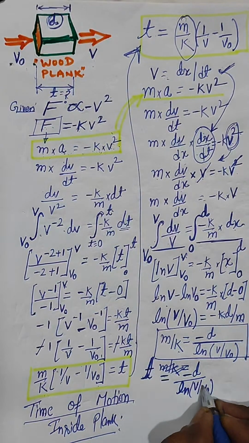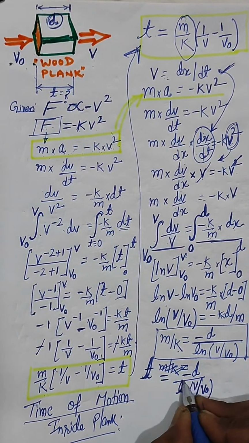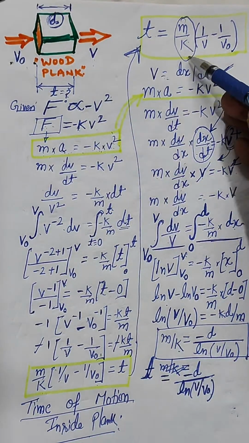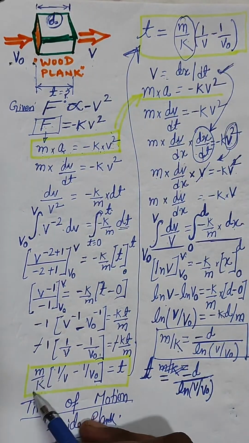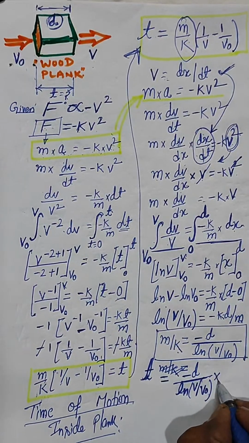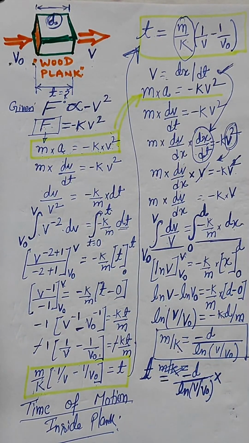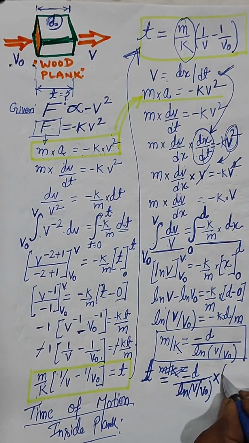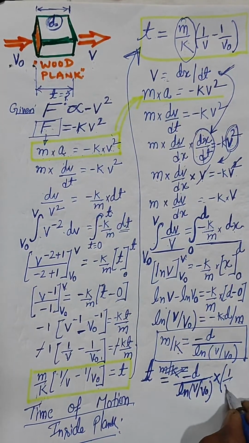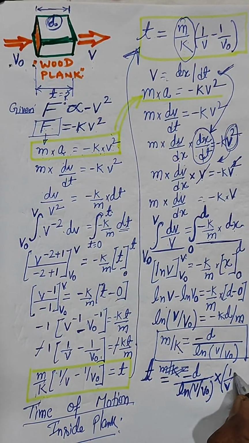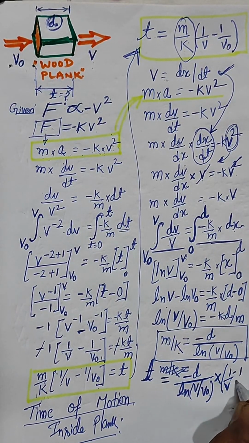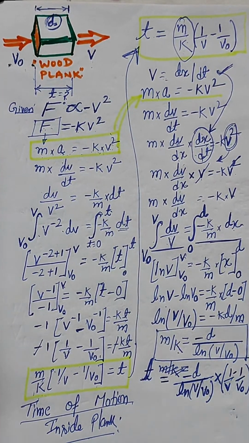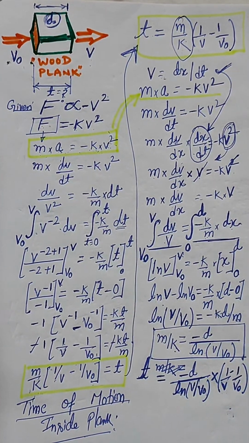We just replace the value of m by k into this formula, multiplied by 1 by v minus 1 by v0. So it will be 1 by v minus 1 by v0, right? 1 by v minus 1 by v0.